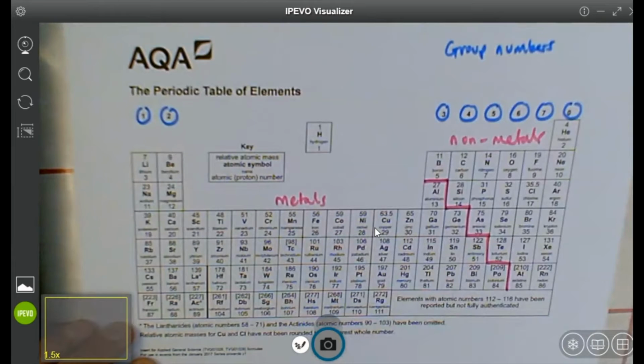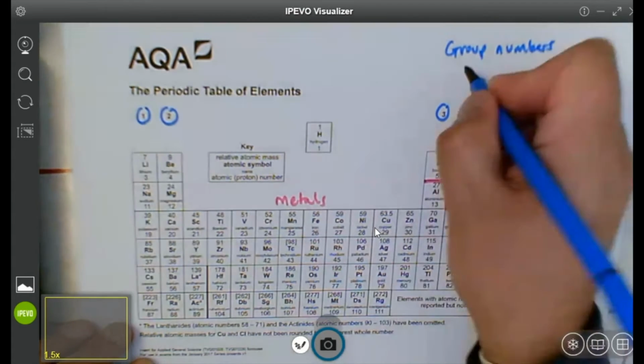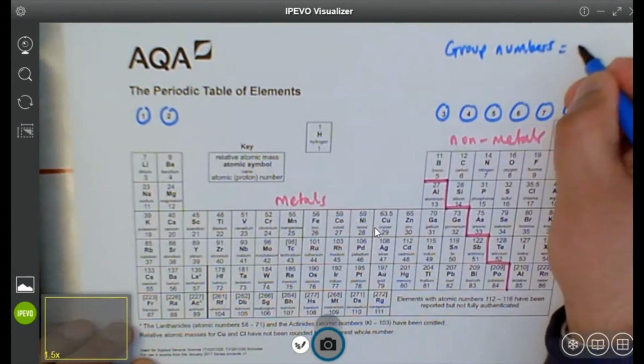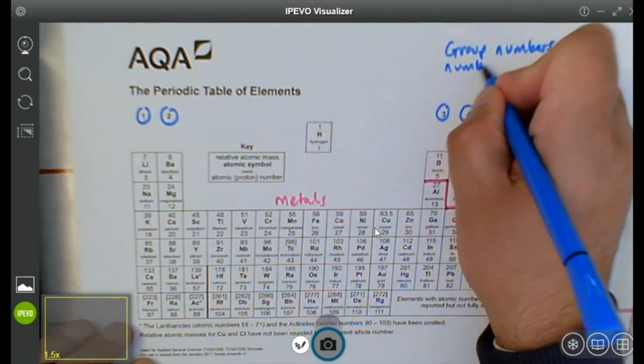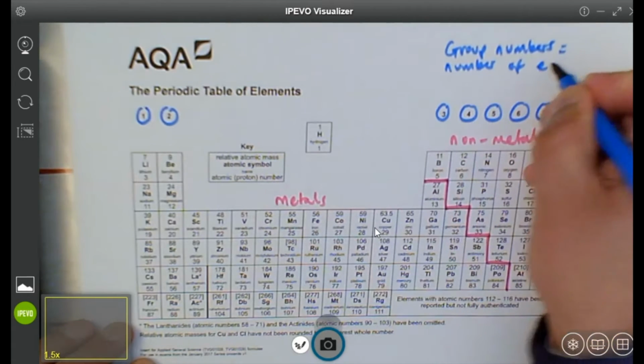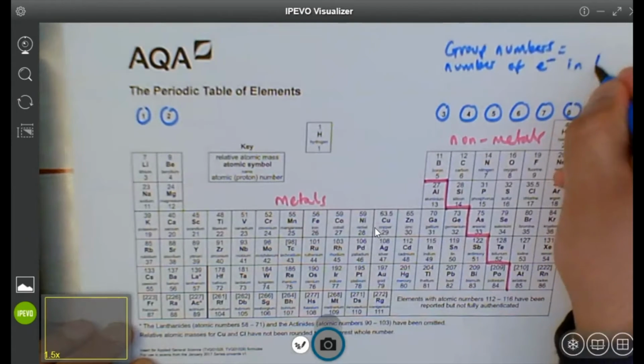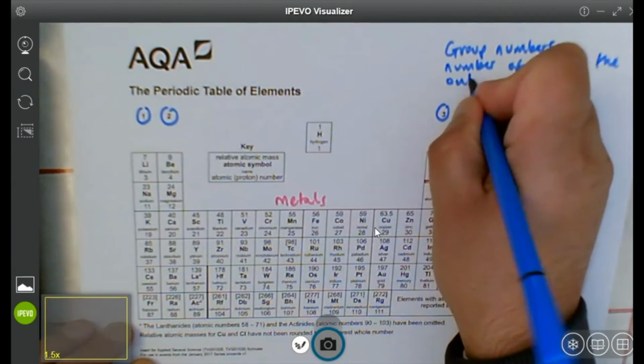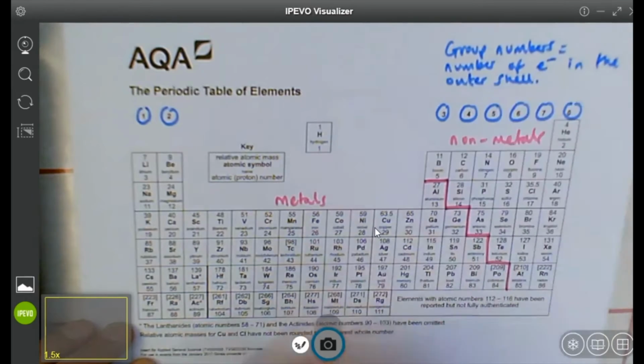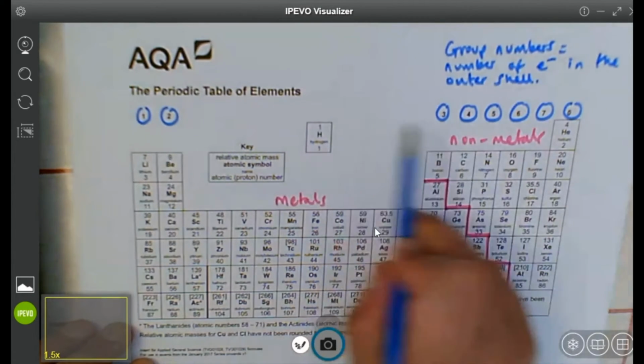And the group numbers are really important because they tell you the number of electrons, I'll put e minus for electrons, in the outer shell. The group numbers tell you the number of electrons in the outer shell.